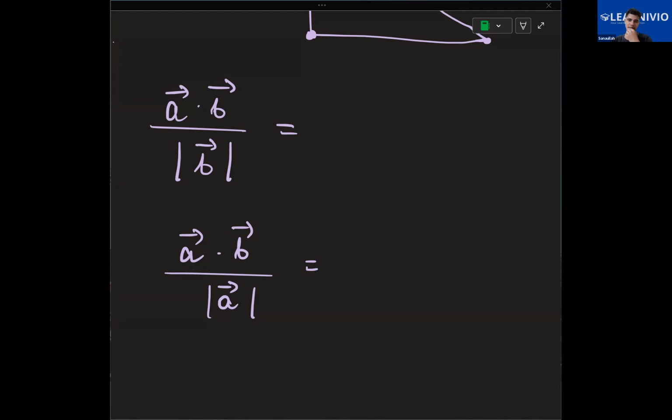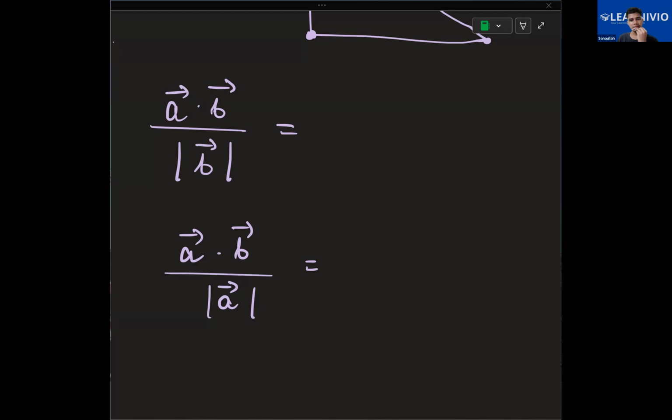Anyone knows what is the difference? No? Tell me. See, cameras are not open, so I cannot see your faces. You have to tell me.